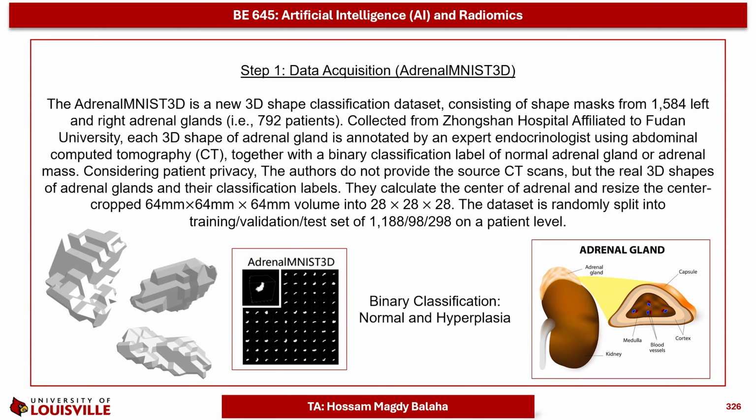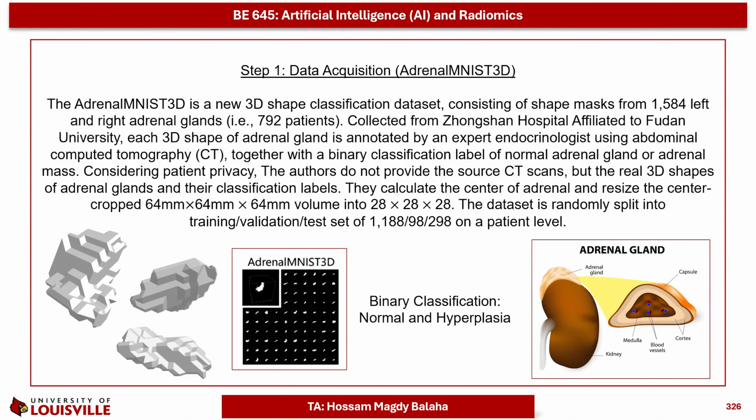In today's lecture, we need to update our machine learning code to include further techniques such as feature selection, and we need to apply that on the 3D dataset named AdrenalMNIST that reflects the adrenal gland.